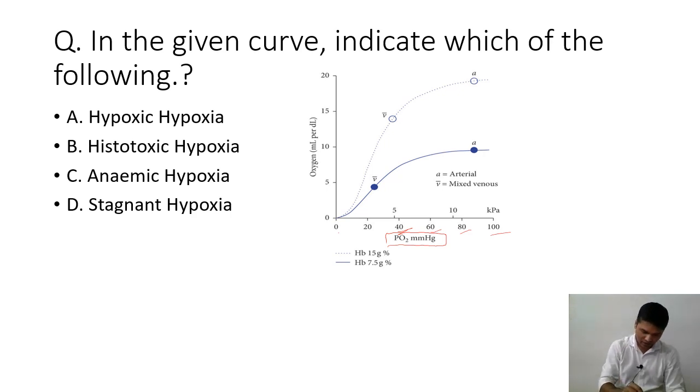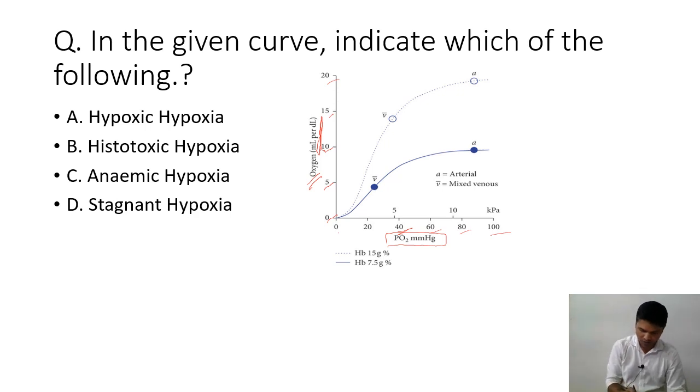And here is the oxygen content in ml per deciliter: 0, 5, 10, 15 and 20. Around 20 to 21 is the maximum oxygen carrying capacity of blood.